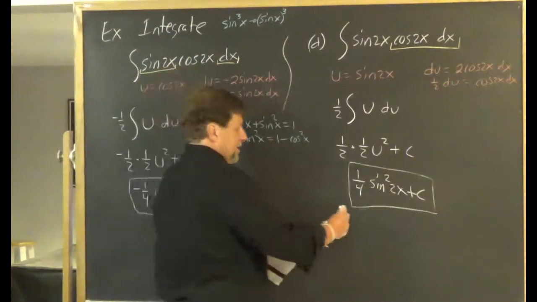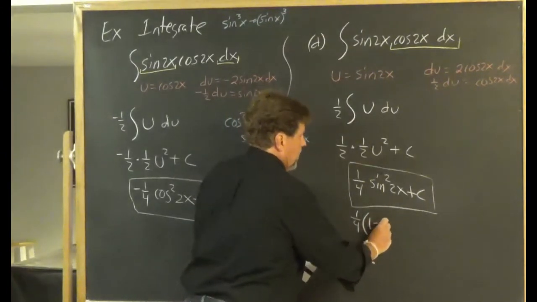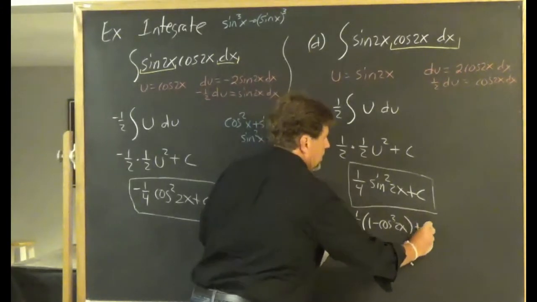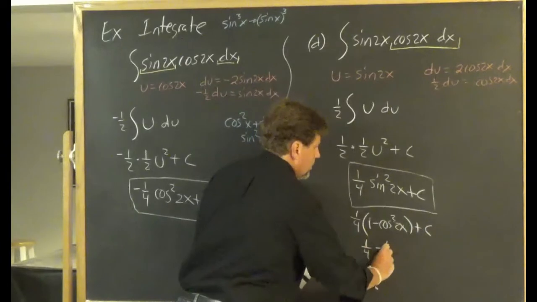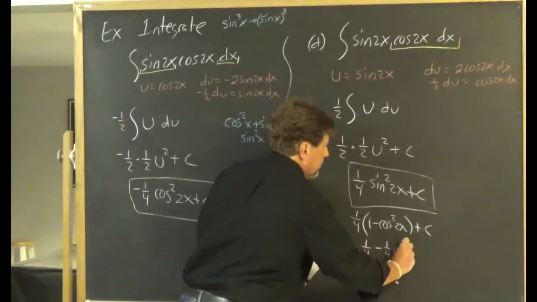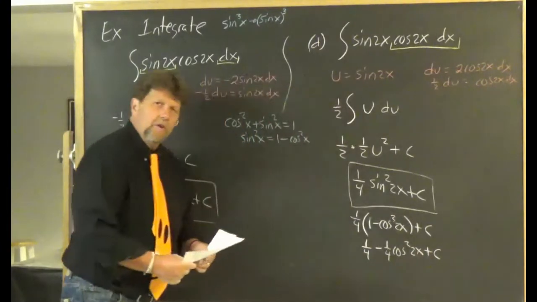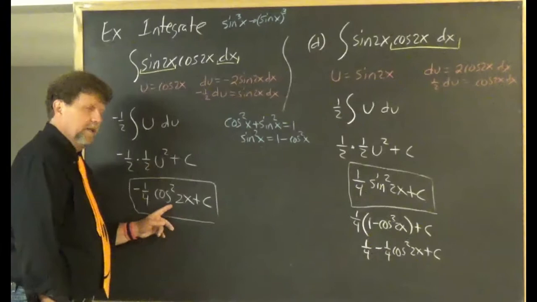So I would do that. Sine squared 2x becomes 1 minus cosine squared 2x, plus c. Distribute the 1/4. And you say, oh, but it's so close to what the answer in the back of the book is.